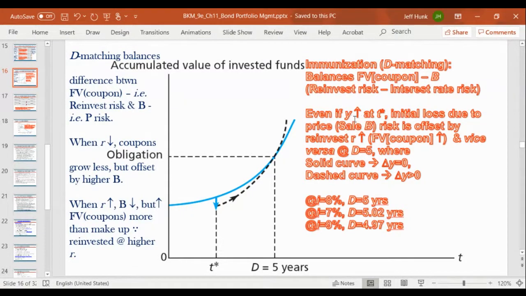Okay, so that's basically what we already know. But even if interest rate, this Y is the same thing as R here, because it's basically the market rate and this discount rate. If interest rate goes up at a particular point in time, called T star, and this is basically what we can't predict, because this is a sudden and unexpected fluctuation in interest rate.